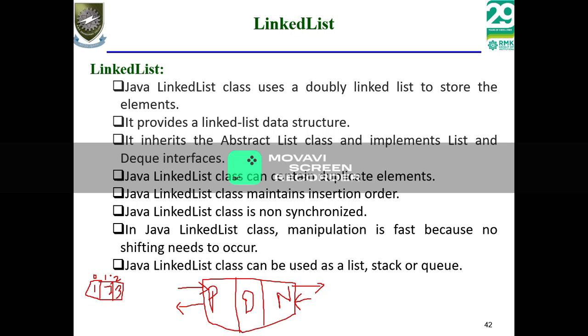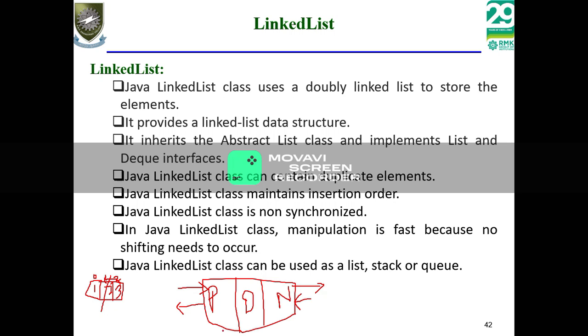If you remove the first index value, then what will happen, Sabina? The element at the second index has to be moved or shifted to the first index. This is the difficulty you face in array list. It is time consuming as well.